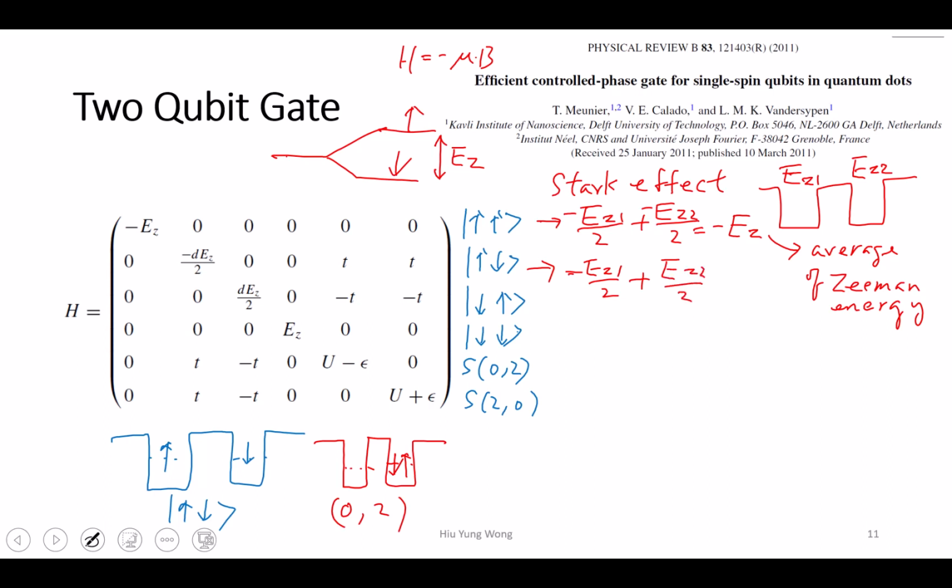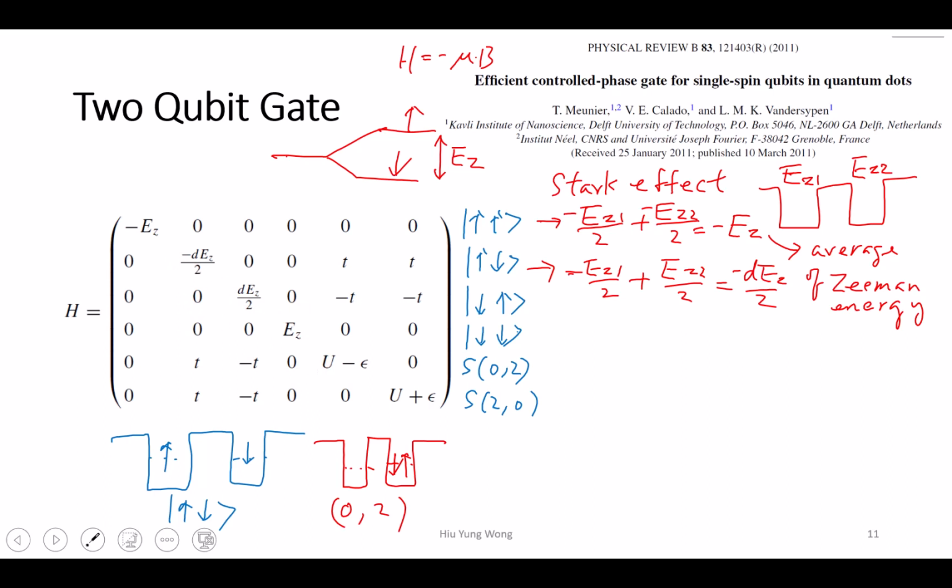So this one is just the delta divided by 2. This is the difference of the splitting Larmor energy, the Zeeman energy. So this is very natural, right? I hope that you can see that.